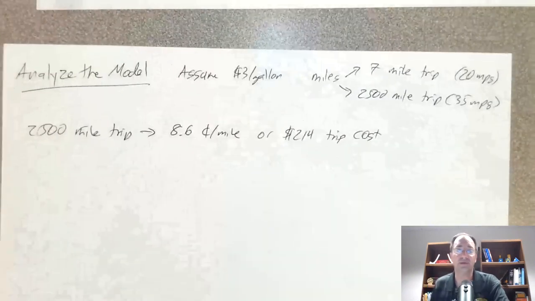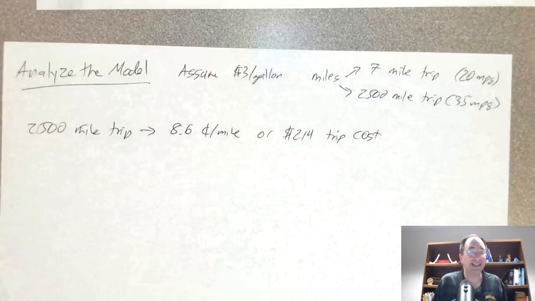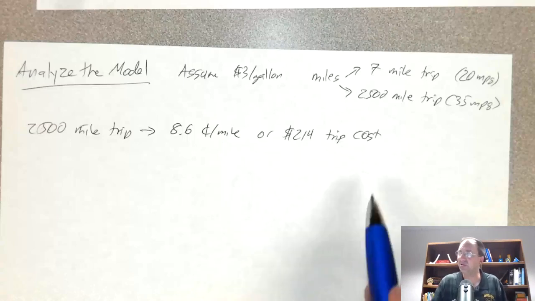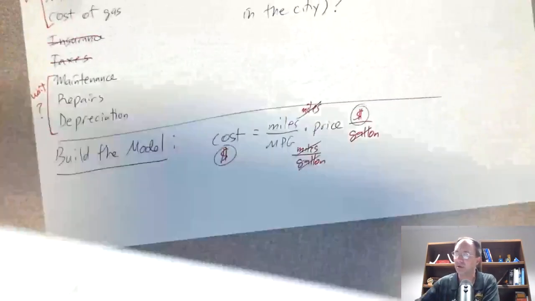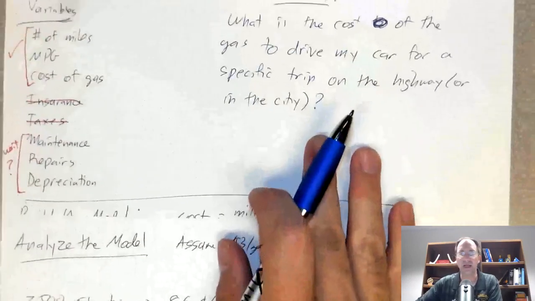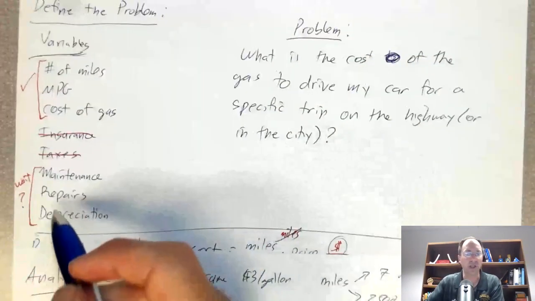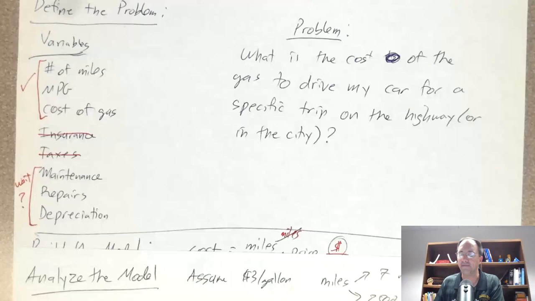So now we ask ourselves, is that good enough, right? Is this a useful enough answer to help me decide whether I want to drive or fly based on expenses? But remember, if we go back to our assumptions, and this is part of the analysis part, I ignored a lot of variables here.